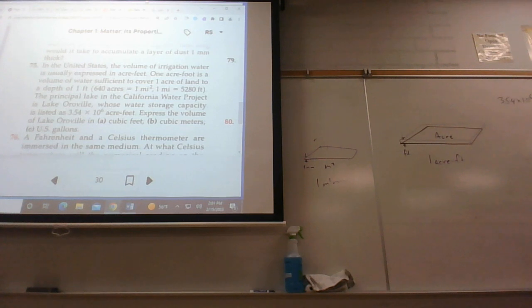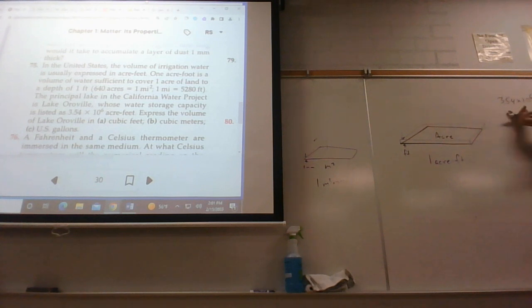Actually, this is exact. This is by definition. There's exactly 640 acres in a square mile. I don't know how they picked that, but that's it.